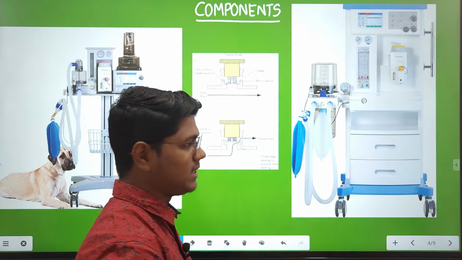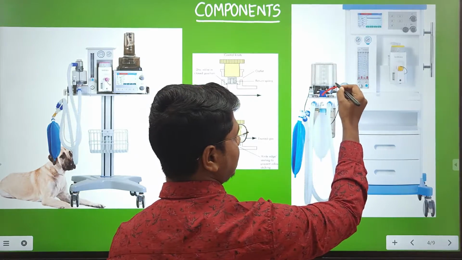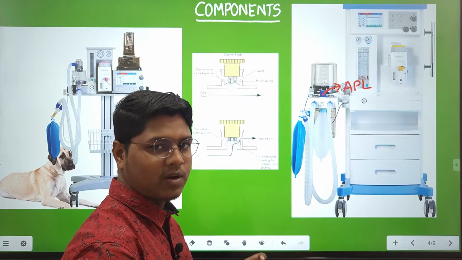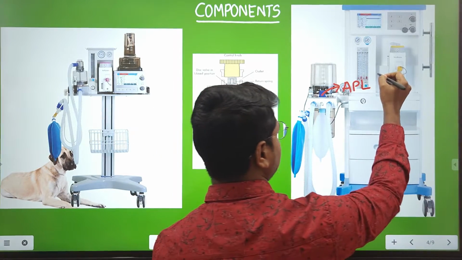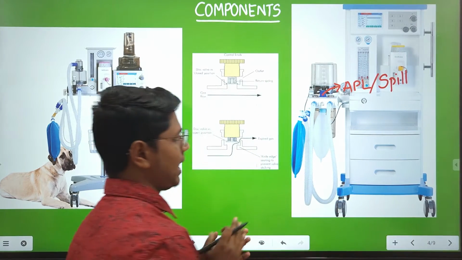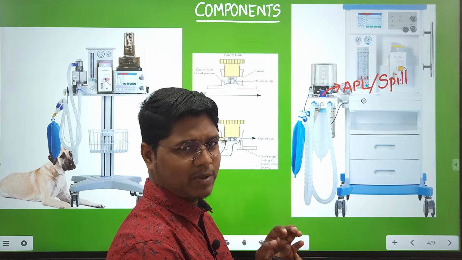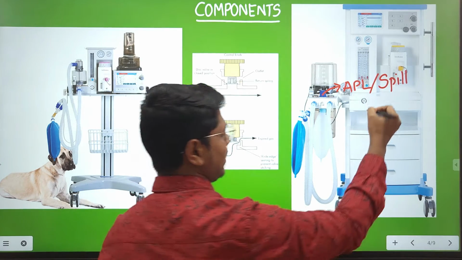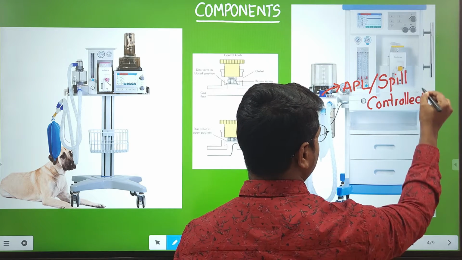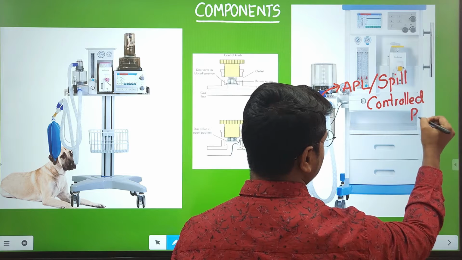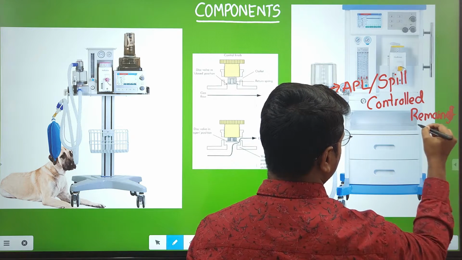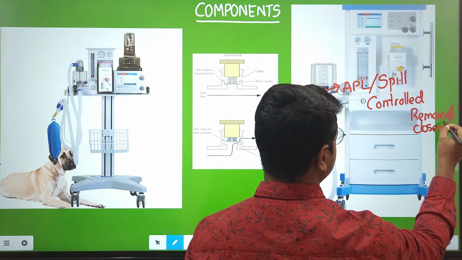The next component is the APL valve, adjustable pressure limiting valve. The other name of the APL valve is spill valve. One thing you should remember about this valve is that in controlled ventilation, it should remain off, or closed.